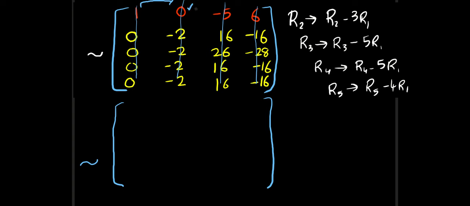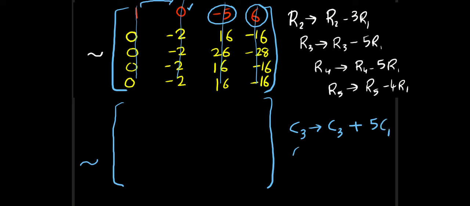Anyway, this is already 0, so our target elements are minus 5 and 6. So I'm going to write my target element is in the third column. So C3 changes to C3 plus 5C1.